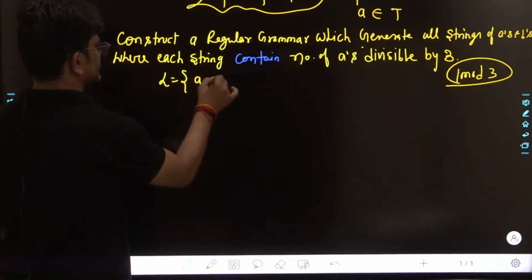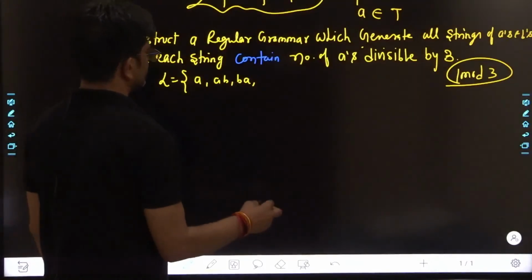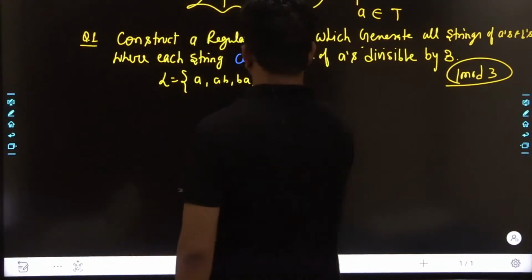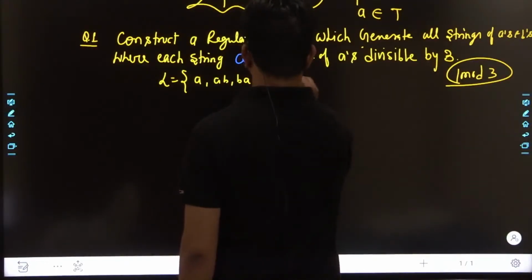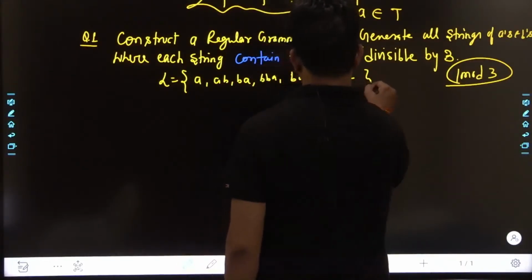Single A is present, AB is present, BA is present, or minimum length strings, BBA with any number of B's, BAB, this type of strings are present.